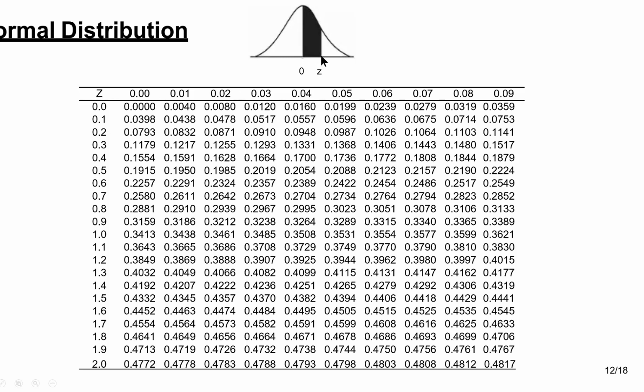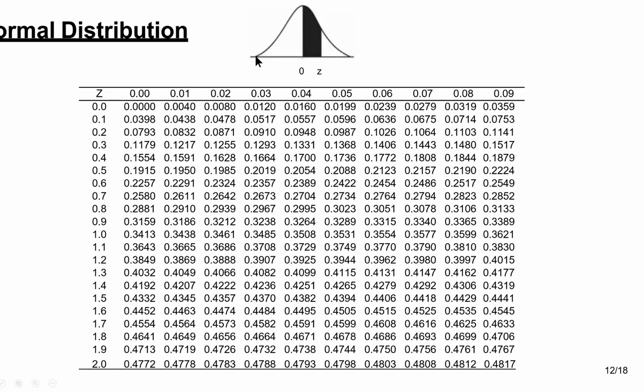You find a z value of 0.84 down here, and that represents 29.95%, or 0.2995 as a decimal. This one is not measuring all the way from the end of the graph, it's measuring from the mean over.